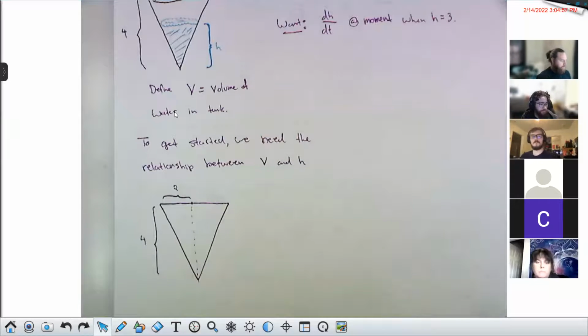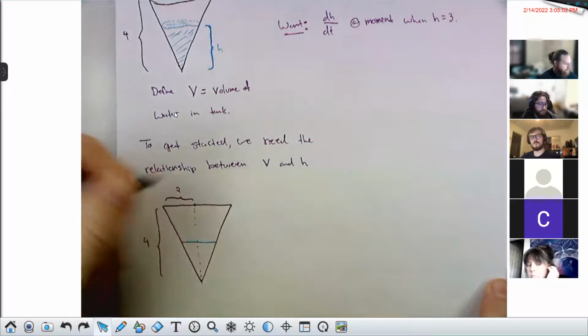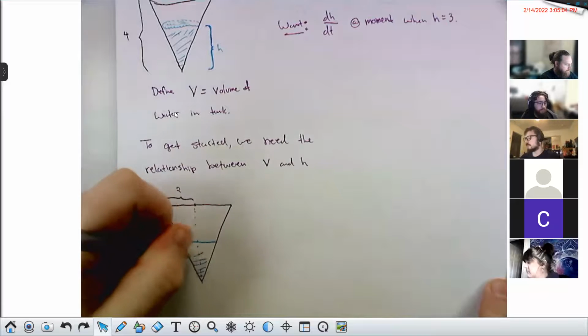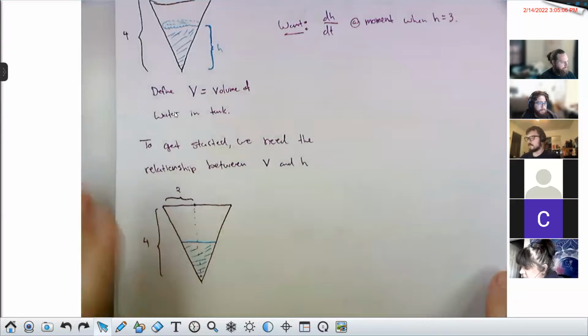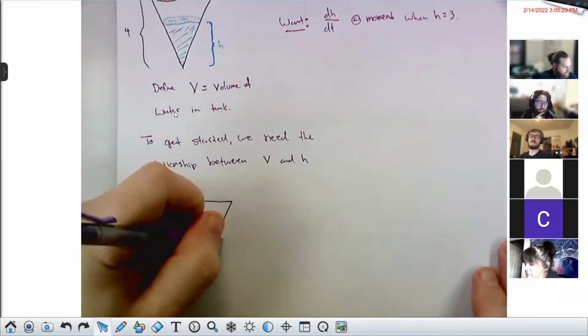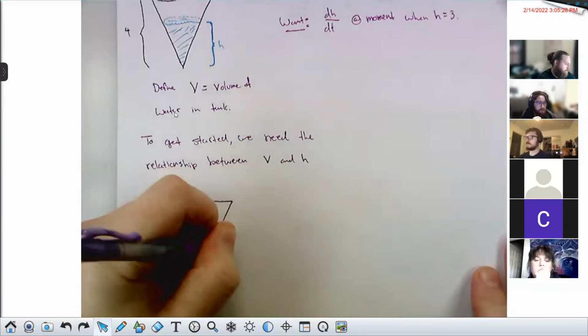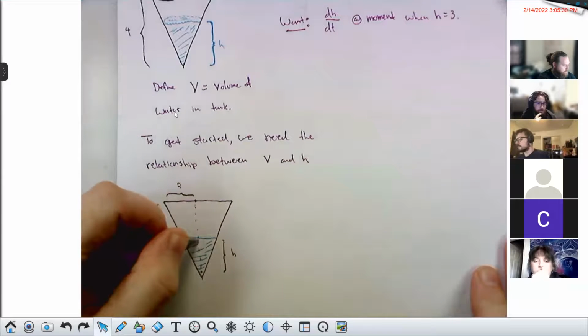The water goes to the bottom of the tank, of course. So let me draw my water line in here. And the idea is that the height of the water in the tank is this, which is this side length.